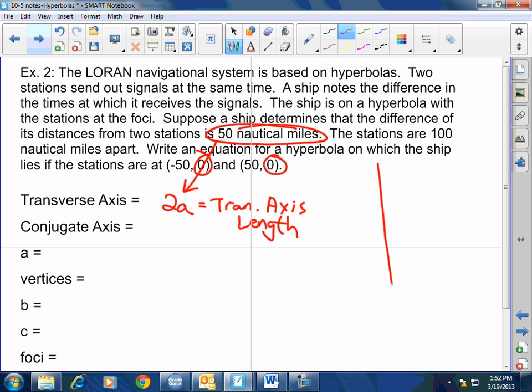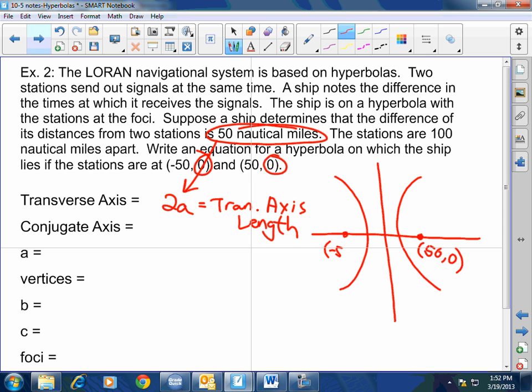So I'm going to do a little sketch here to help us all out. Here's my foci. Here's my other foci. Remember, they said that the stations were 100 nautical miles apart. That makes sense because here's the center, so from the center, 50 to the right, 50 to the left, that's 100.